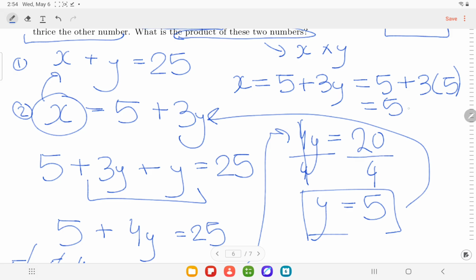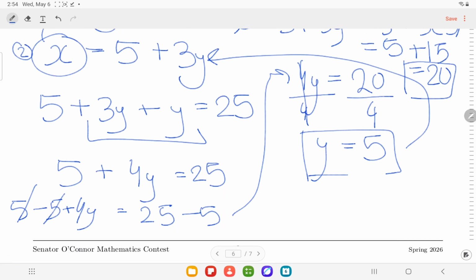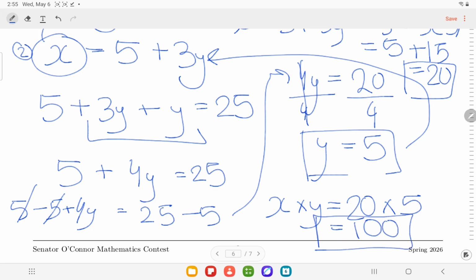So we end up with 5 plus 15, which is 20. And then we were asked for the product of x and y. So we need to make sure to multiply them. So x times y is going to be 20 times 5, which is 100. And that is our answer.